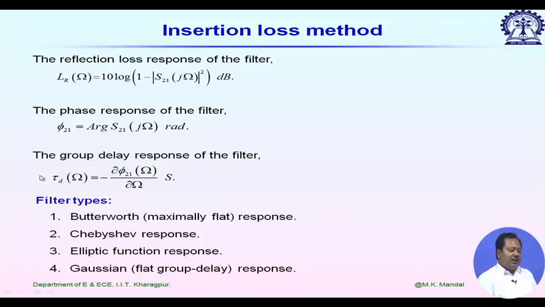It can be represented as tau d equal to minus del by del omega of phi. This is the time taken by your signal to reach port 2. It is a function of frequency, which means this time varies with frequency.